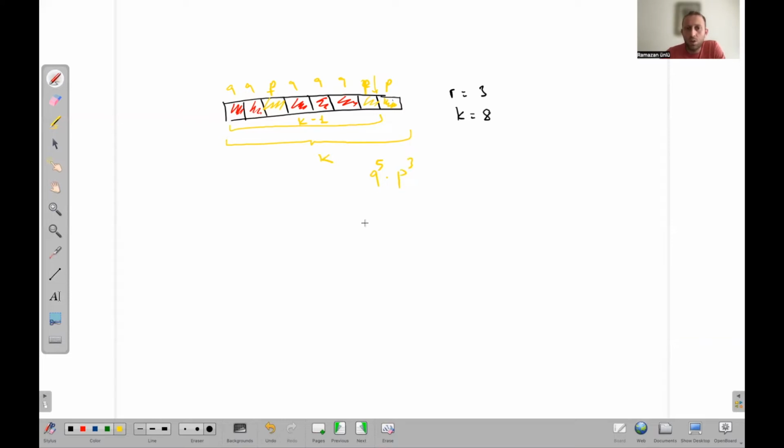What is q? It is 1 minus p. And the 5 is the total number of trials minus the number of successes. So I can write it as (1 minus p) to the power k minus r, times p to the power r, where r is the number of successes. So this is the probability of this trial.